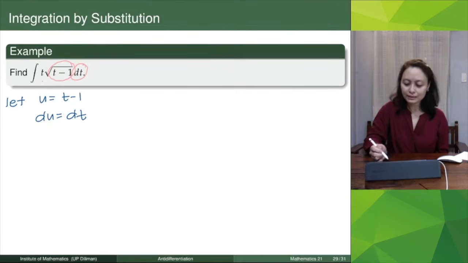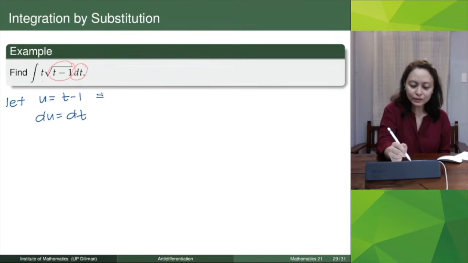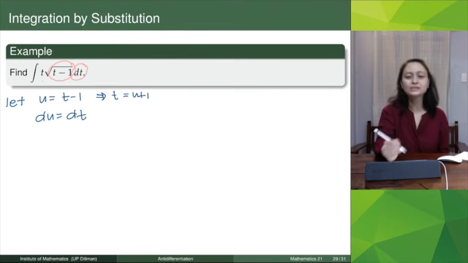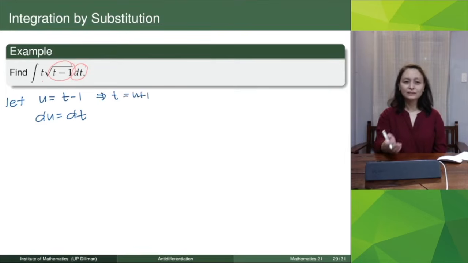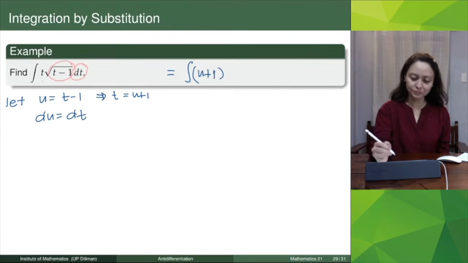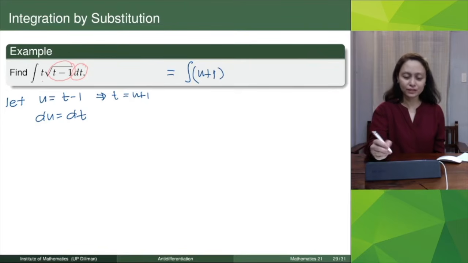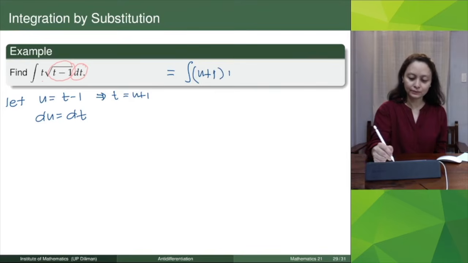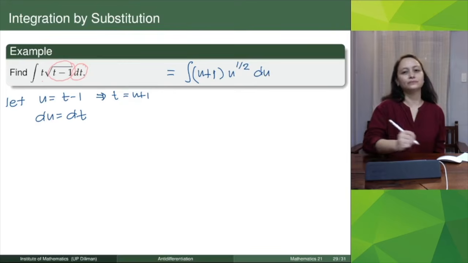So, anong gagawin natin? From this substitution, you can isolate t. T is equal to u plus 1. So that, mapalitan natin yung buong integrand or ma-express natin lahat in terms of u. Okay? So, we can replace t by u plus 1. So, u plus 1. Tapos, yung square root of t minus 1, that's u raised to 1/2. And then, dt is equal to du.